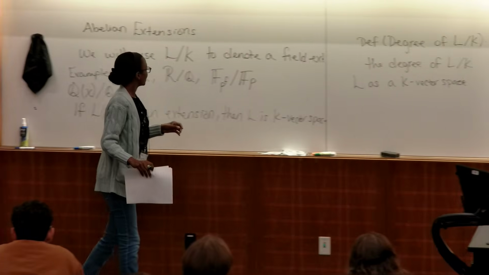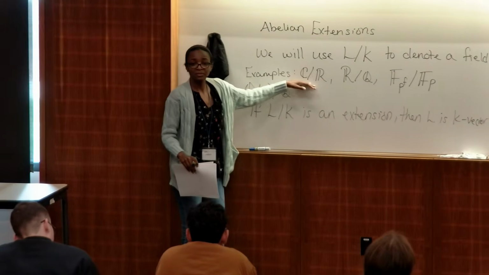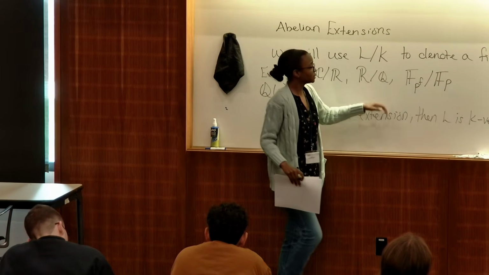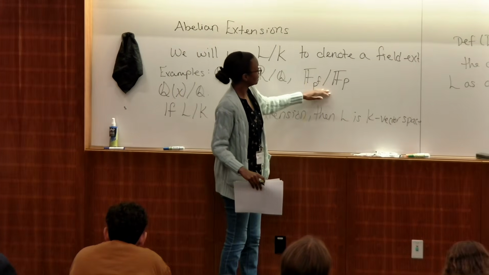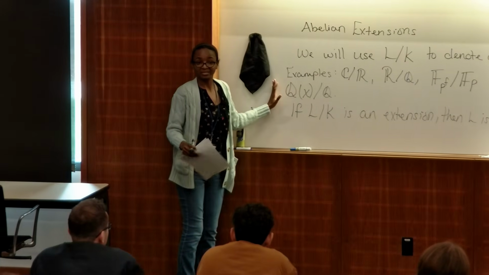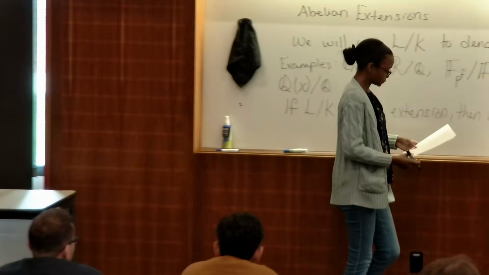And I won't write it, but I'll just say it. The dimension of C over R is 2. The dimension of R over Q is infinite. The dimension of F_p to the f over F_p is f. And this is yet another infinite extension.